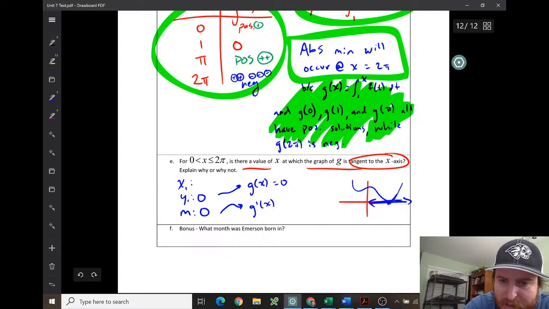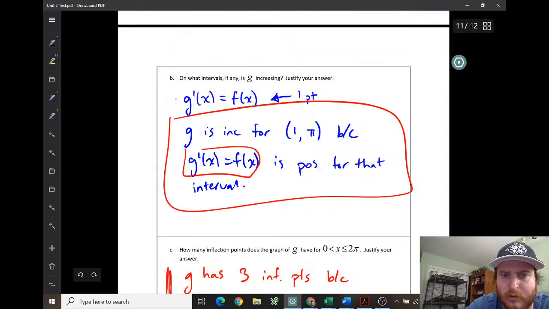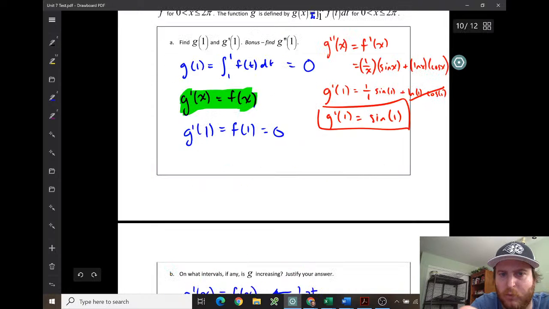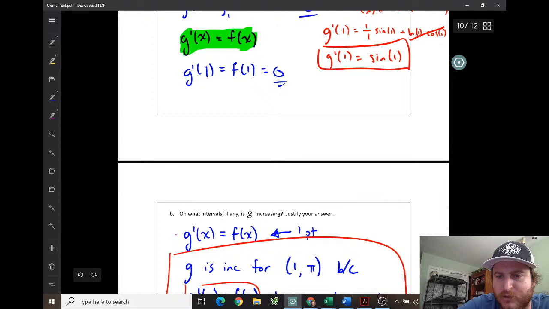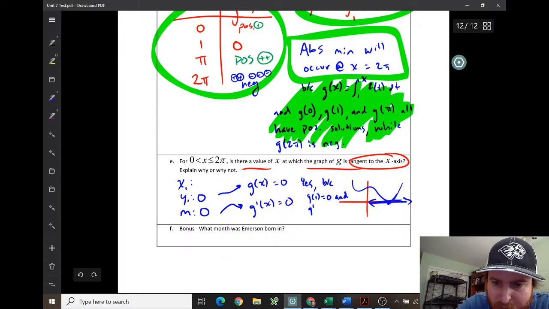So g of x had to be 0 and g prime of x had to be 0. If you go back and look at part A, g of 1 was 0 and g prime of 1 was also 0. So this one is really tricky, but it's just saying that in part A that happened. So we would say yes, because g of 1 equals 0 and g prime of 1 equals 0.